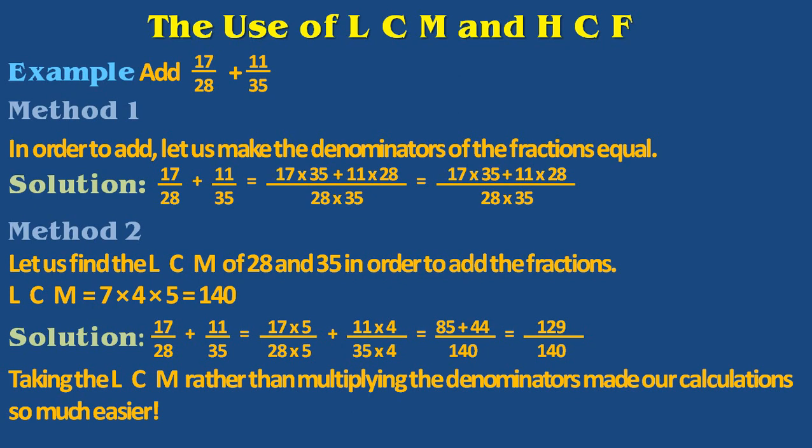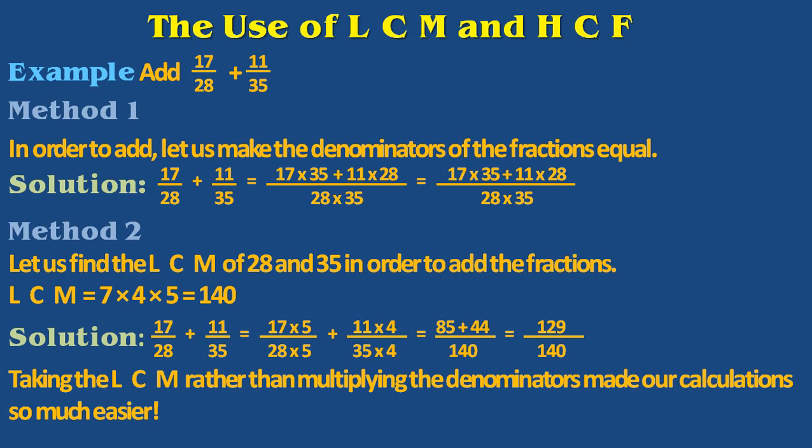Whatever number you multiply in the denominator, you will multiply that in the numerator also. You can see here 17 into 35 upon 28 into 35, plus 11 multiplied by 28 upon 35 multiplied by 28. Now when you multiply, you will get the answer. You multiply and find out what the answer is.